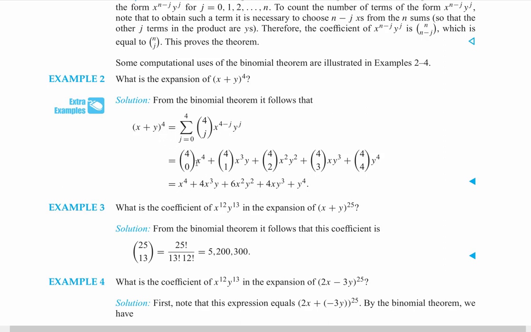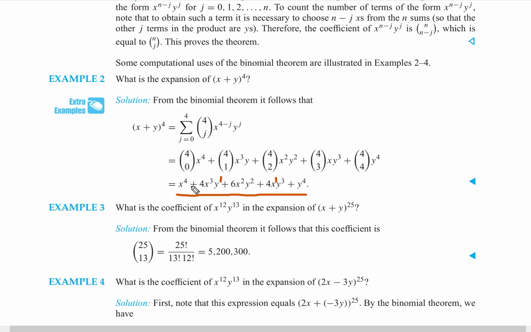And again, for a fourth power, we expect the powers of x and y to add up to 4. And we can see that here. So this is the answer.